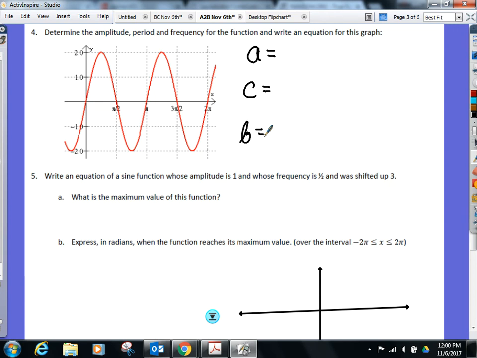If you want to try to find the B value, hey, go ahead. The frequency. But at least just get A and C out for me.